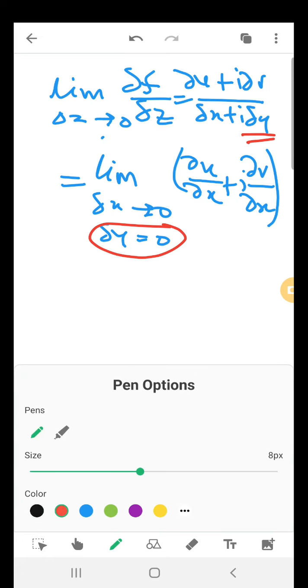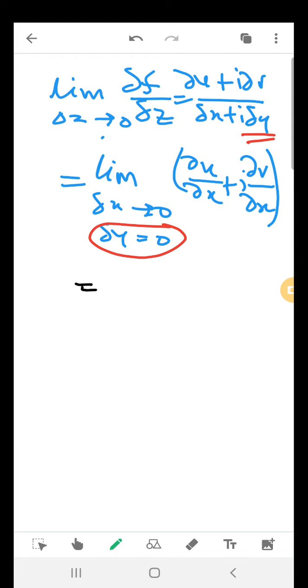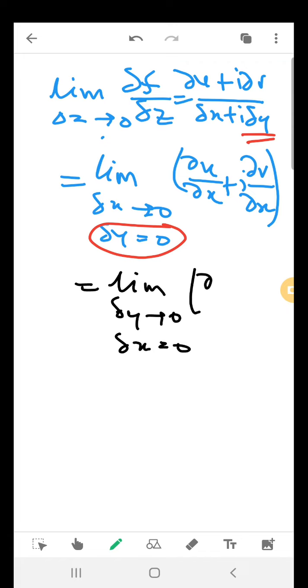Similarly, we can write this as the limit as delta y tends to 0 with delta x equal to 0. Then it will be del u by del y with a minus sign, because there will be i here, plus del v by del y.